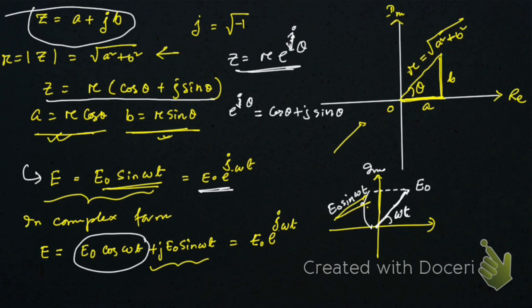So now let me go to the next slide. What we have written here is E is equal to E naught sine omega t, which is equal to E naught e to the power j omega t.